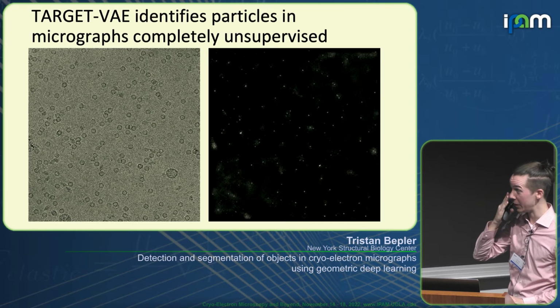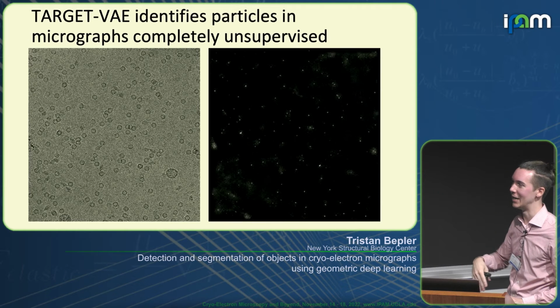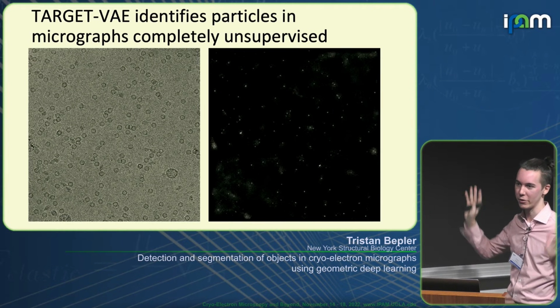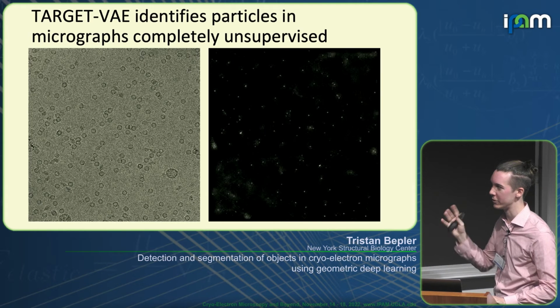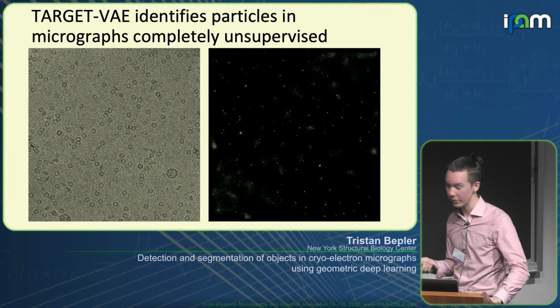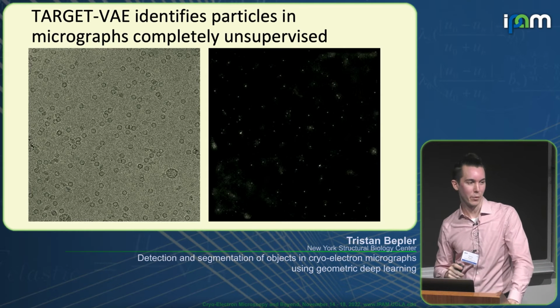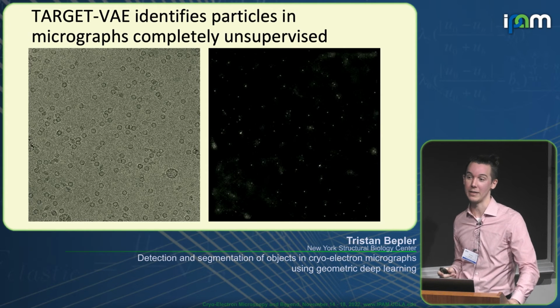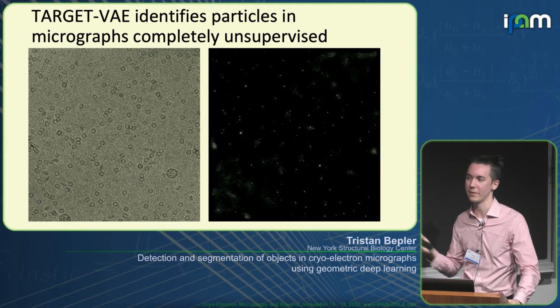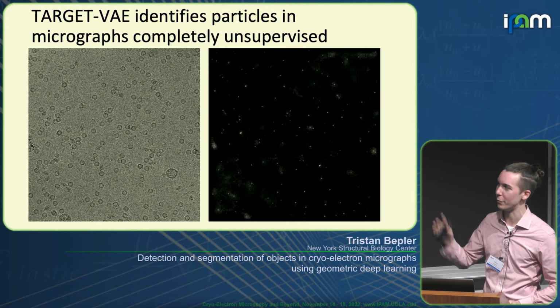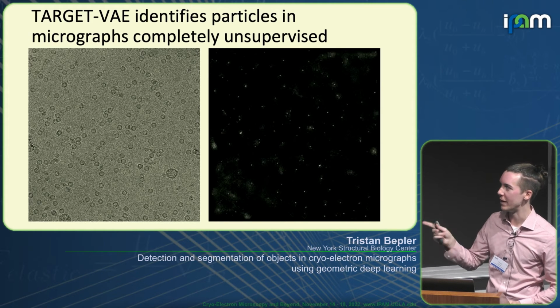So what we've been doing is chunking micrographs up into random patches, training on them, and seeing what it learns. It turns out it's surprisingly good at localizing particles from that naive application. There's no reason to expect every patch will contain a particle, but enough do. It's close enough that it works pretty well.